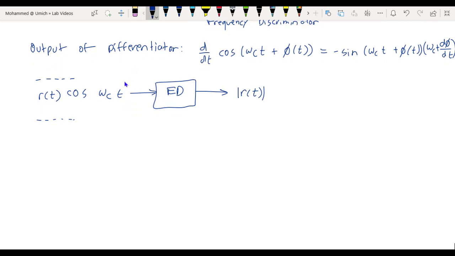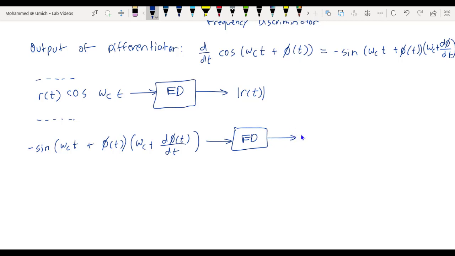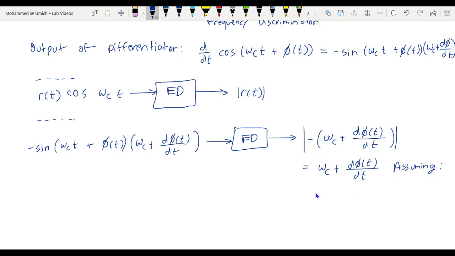So if the output of the differentiator is fed to the input of the envelope detector, we have minus sine of omega ct plus phi of t times omega c plus d phi of t dt goes into the envelope detector, and at the output, we would get the absolute value of omega c plus d phi of t dt, which equals omega c plus d phi of t dt, assuming that omega c plus d phi of t dt is greater than or equal to 0.